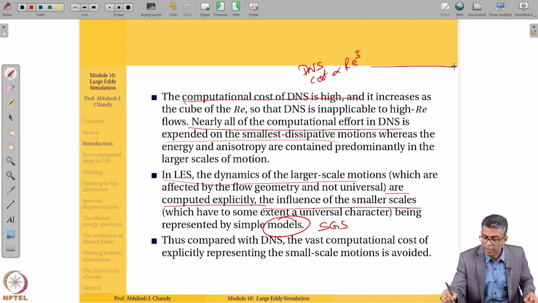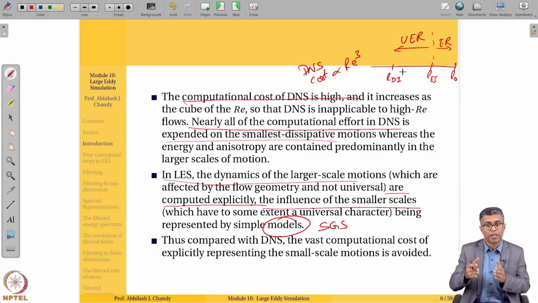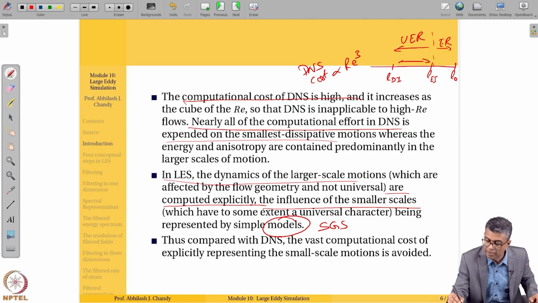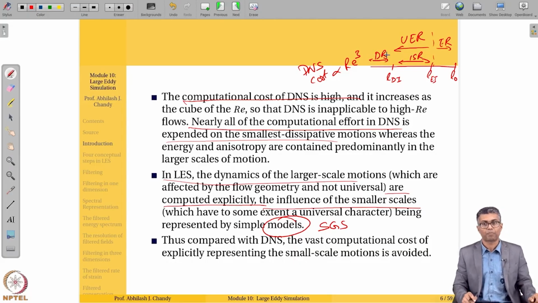So if I think about the length scale range, I have LEI here, which is the energy demarcation length scale, and L0, which is the integral length scale. This is all the energy containing range, ER, and this is the universal equilibrium range, UER. LDI is the demarcation length scale between the dissipation range and the inertial subrange. So this is the inertial subrange, ISR, and this is the dissipation range, DR. Remember this?